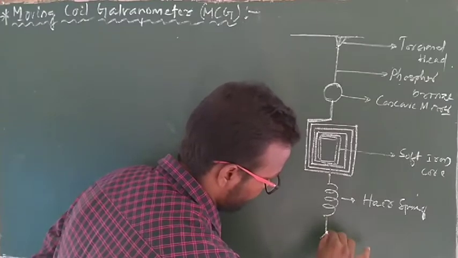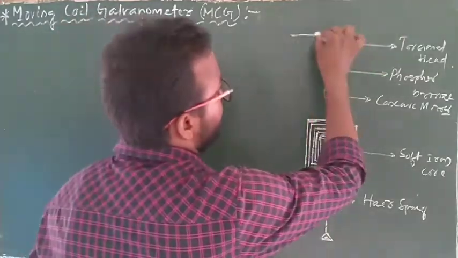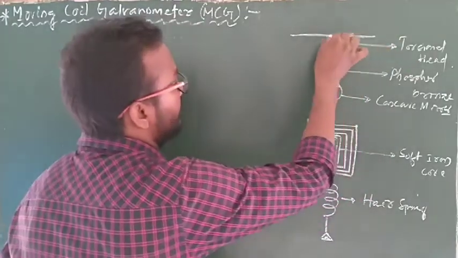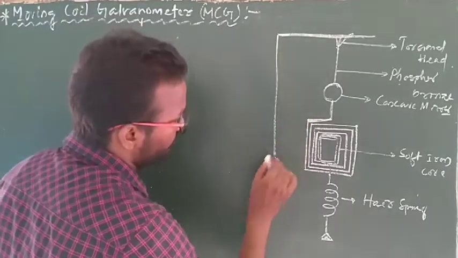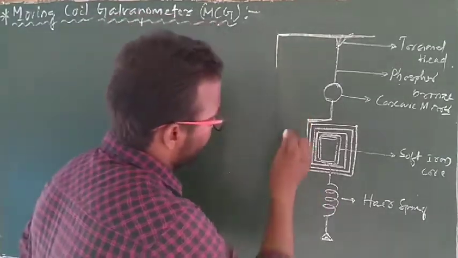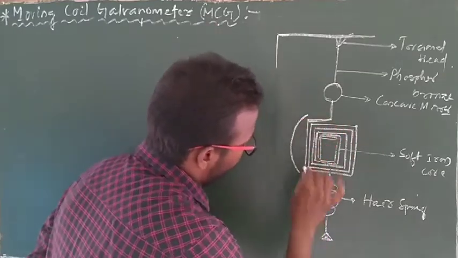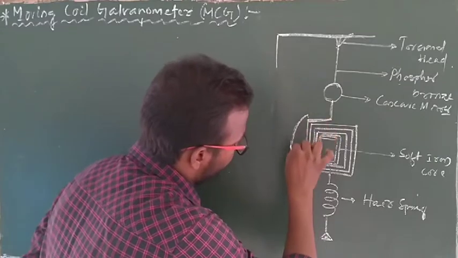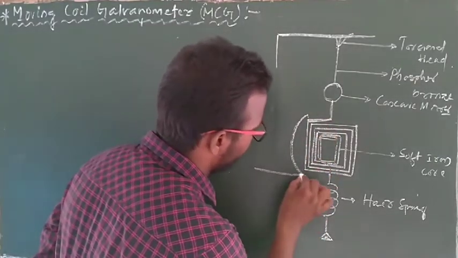This is the final situation, and the total setup is covered with a magnet. This magnet is known as a horseshoe magnet.